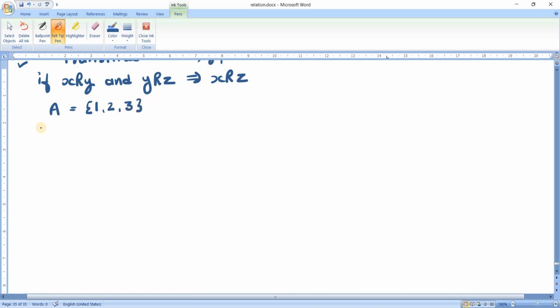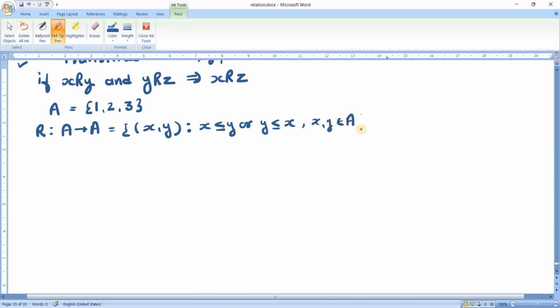And a relation R is defined on this set A, from A to A, such that this relation R has ordered pair (x, y) when x is less than or equal to y or y is less than or equal to x, when x and y belong to set A. So this is the definition of the relation.